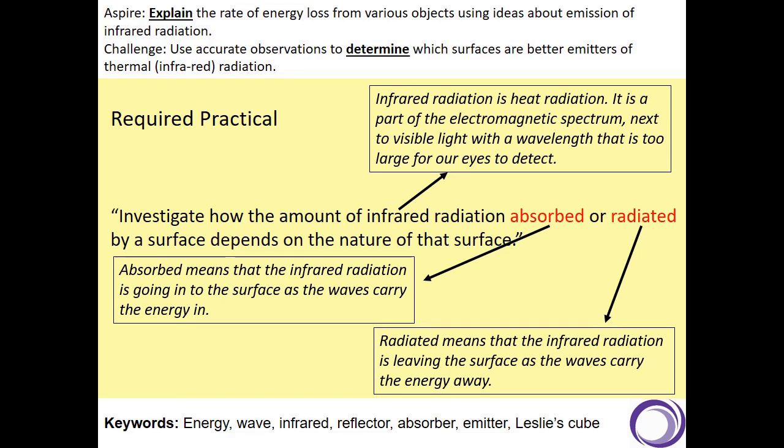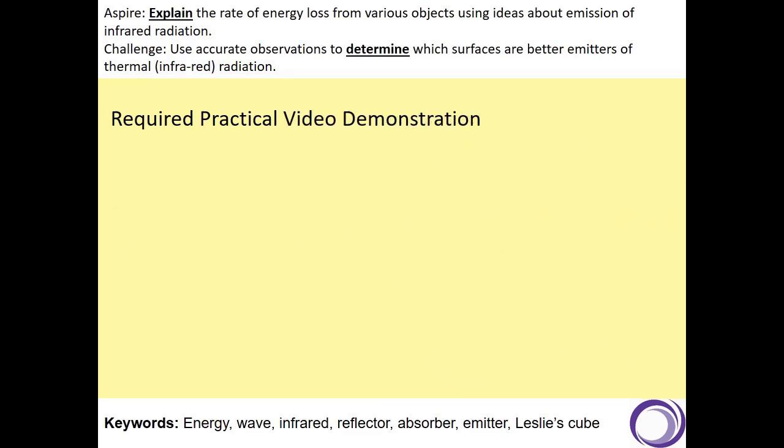A radiator should be putting heat into your room. So radiated means that the infrared radiation is leaving the surface. The first practical that I'm going to show you is about radiation leaving a surface, and the second practical is about radiation being absorbed by a surface.